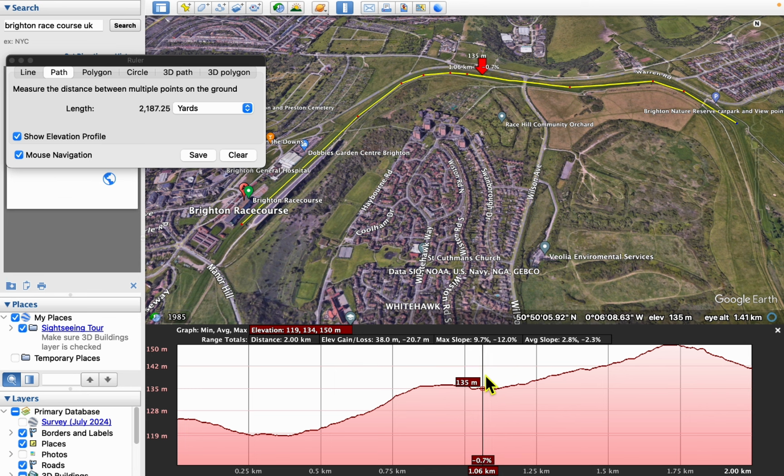And then we come to the start of the 5 furlong, which is actually 5 furlong and 60 yards.